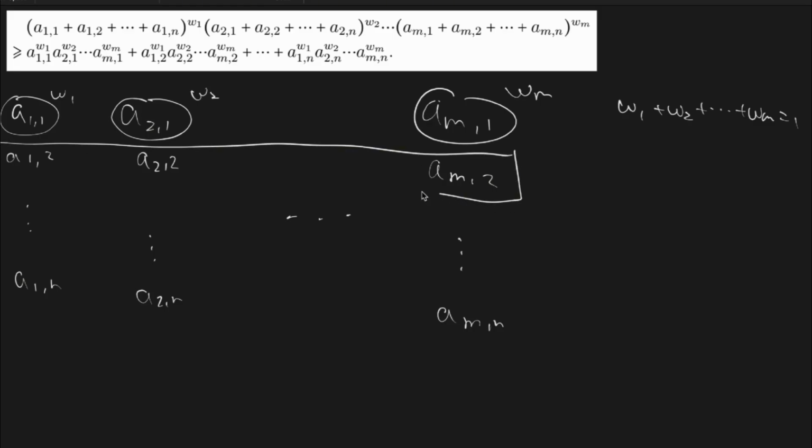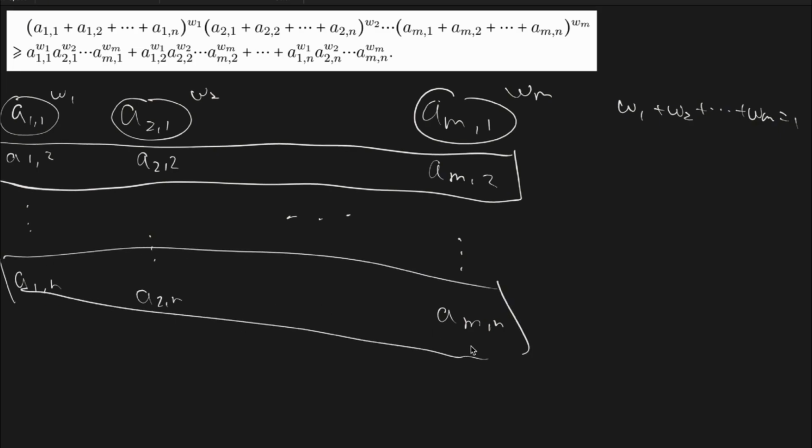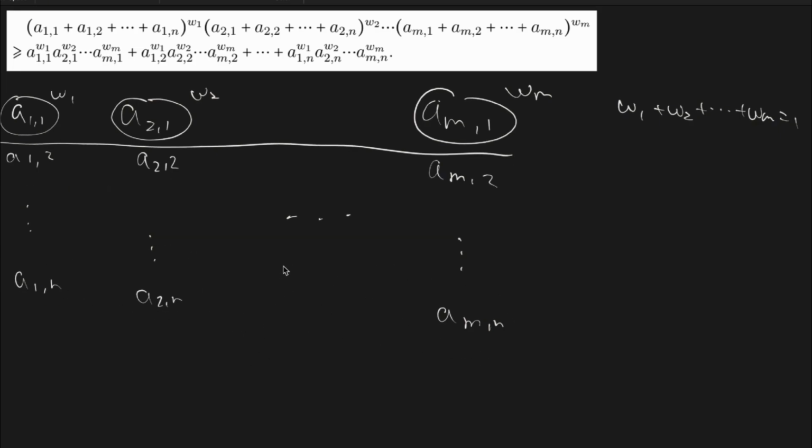I take them to the power of their weights, then that quantity will be greater than or equal to if I were to take this thing, take it to the power of its weight, multiply by this thing, taken to the power of its weight, all the way over here. I take this product and I add it down to whatever the product down here is, and then I keep adding it down to this last one. That quantity will be smaller than our first quantity, and that would result in something looking like this.